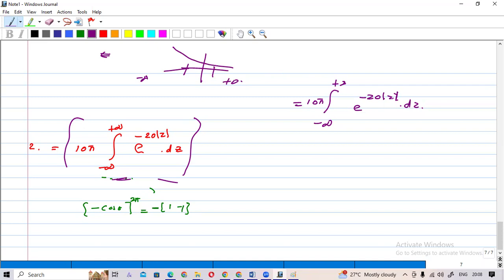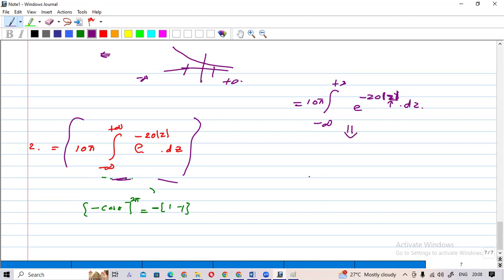So it is z, no? It is the magnitude of z. I'm not sure about this.